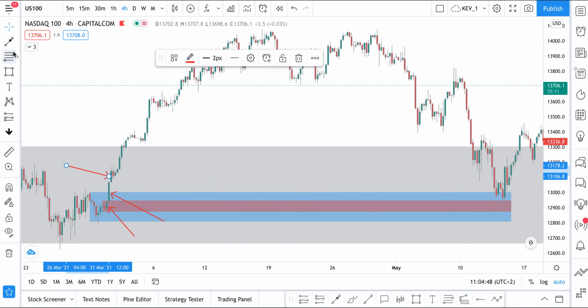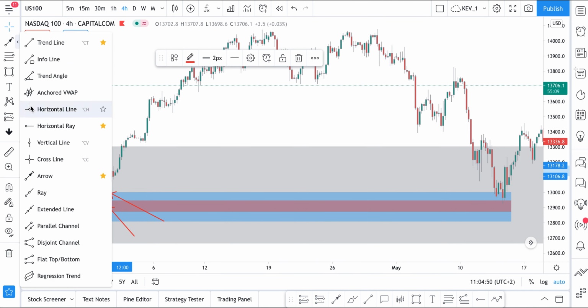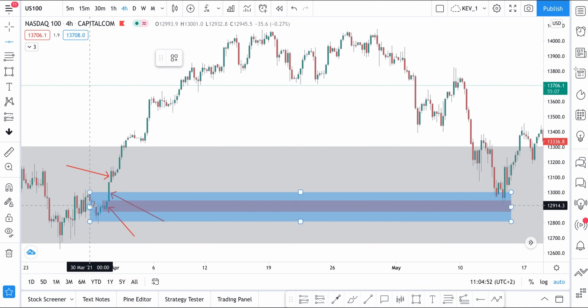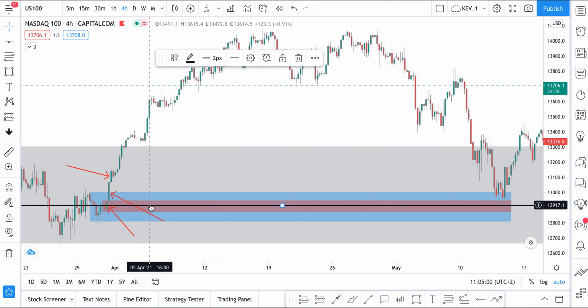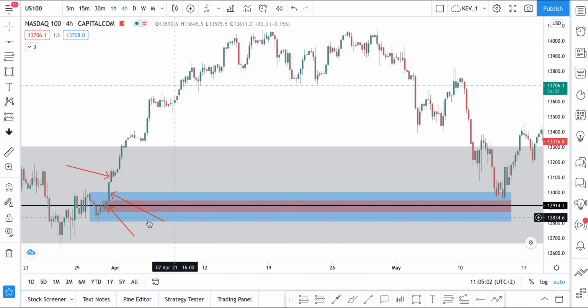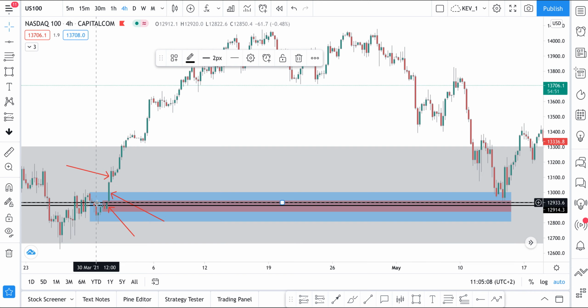Okay, so what I will always do, I put a line there over the candle, because I'm trying to identify this zone so that I can be very accurate over the week.